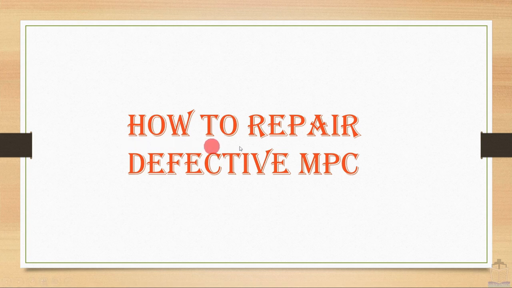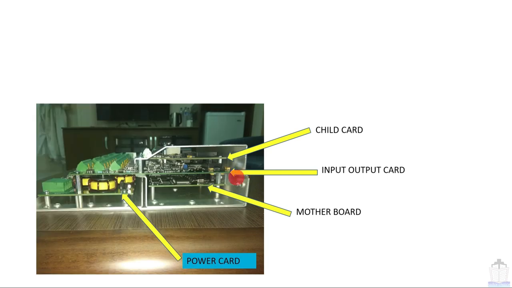Now here we will see how to repair a defective MPC. So now we are going to refresh one more time about the various parts of the MPC. So here you can see that this is the power card, this is motherboard, this is input output card, and this is child or daughter card.